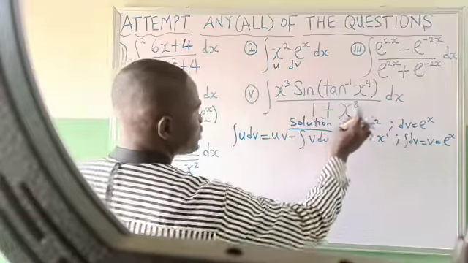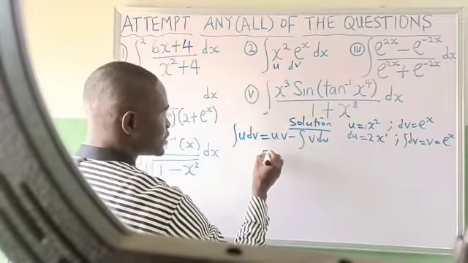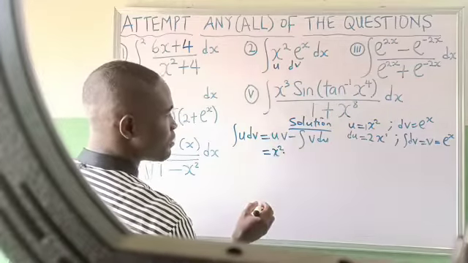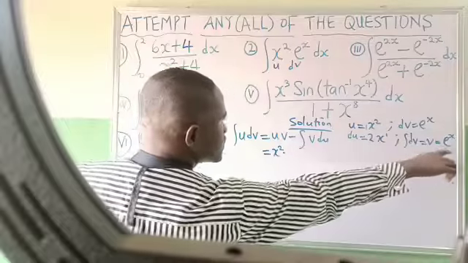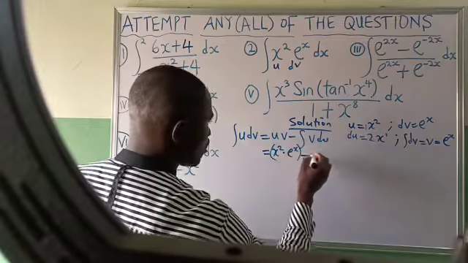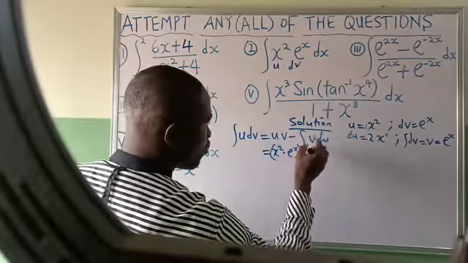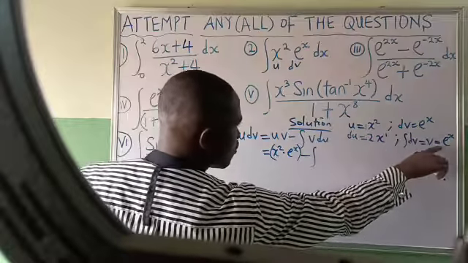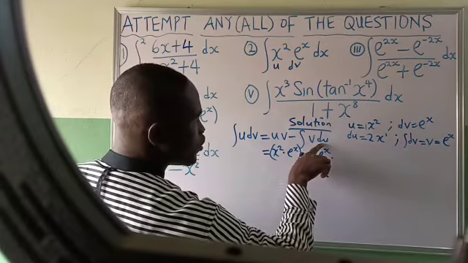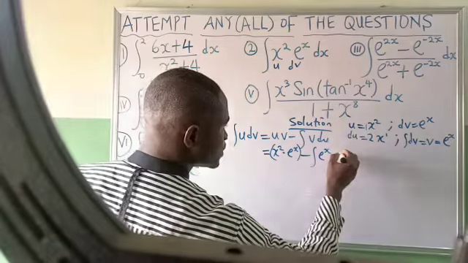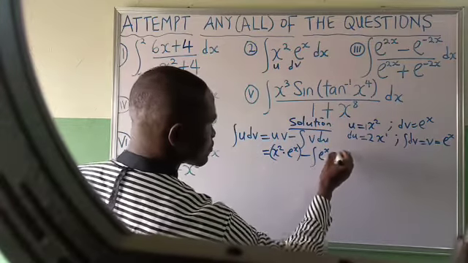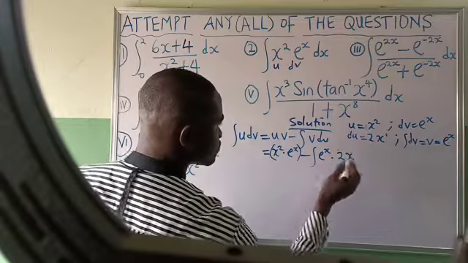Then I will carry these parameters and put them here. What is my u? x squared times what is my v? v is exponential x. Minus the integral of what is my v? My v is exponential x. What is my du? du is 2x.